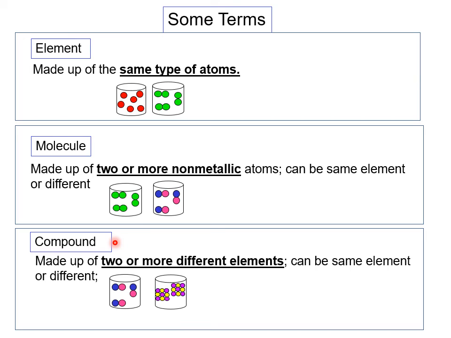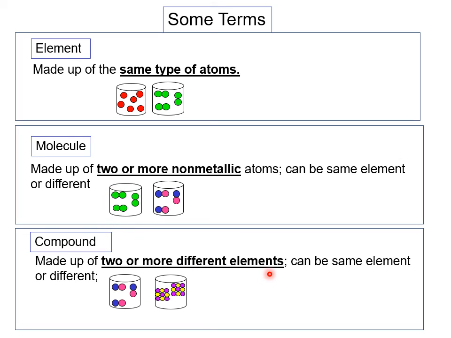Compounds are made up of two or more different elements. The key word for compounds is different. The key word for molecules is non-metallic, so no metals in them. So some molecules are compounds, if they're made up of two different types of elements, and some compounds are molecules.